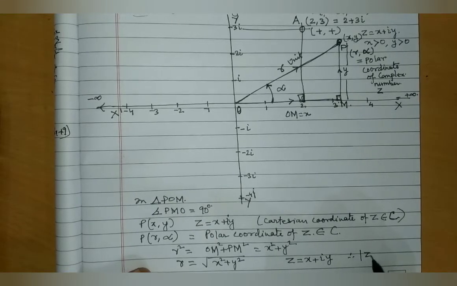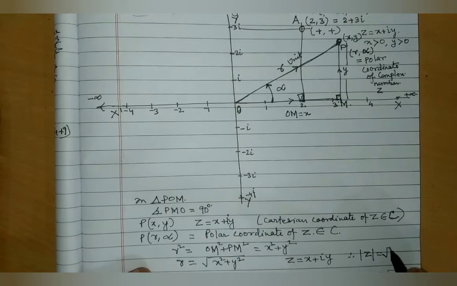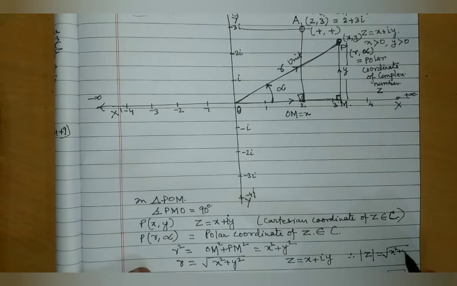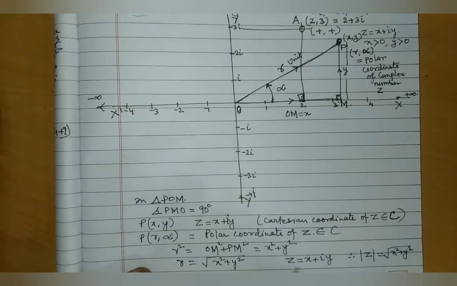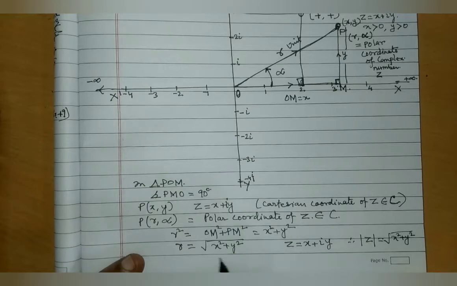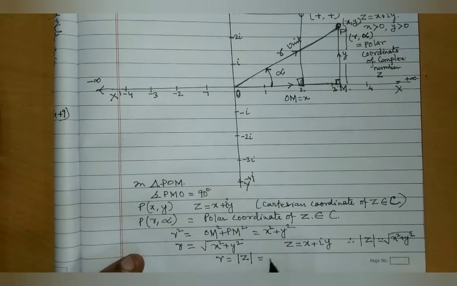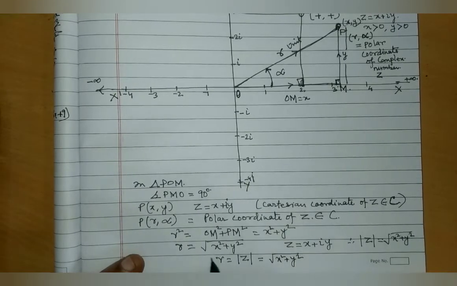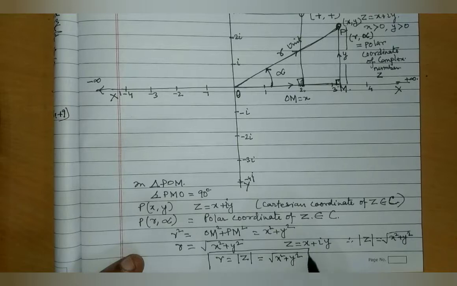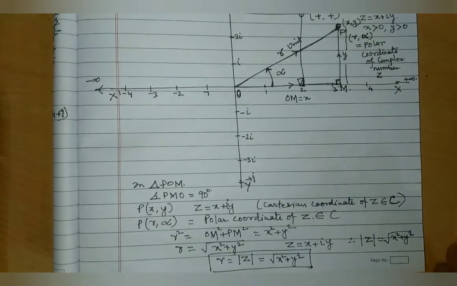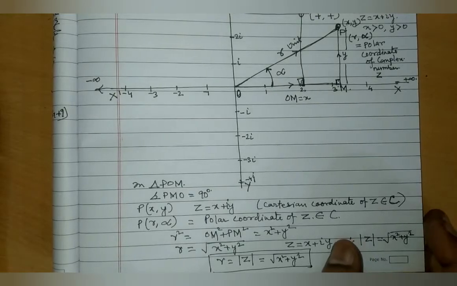Therefore, modulus of z is root under x square plus y square. Therefore, we can write r is equal to modulus of z, which is equal to root under x square plus y square. Now we will get a relationship between r and x and y. So this you can find out very easily.